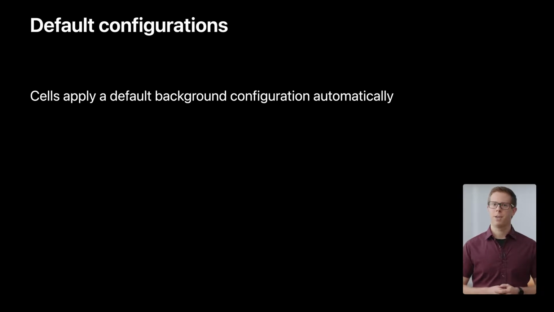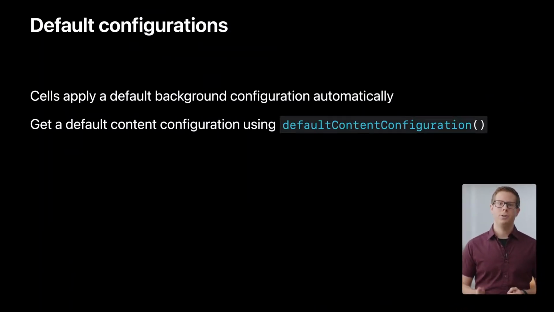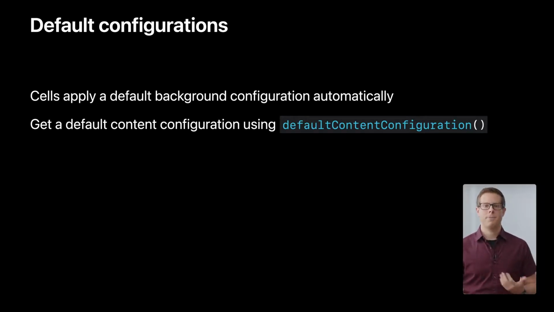So typically, you won't need to do anything at all to get the background appearance you want. Now, content configurations work a little differently. Instead of the cell automatically applying one by default, you can use the default content configuration method on the cell to get a fresh configuration based on the cell's style, as you've seen in the earlier examples.